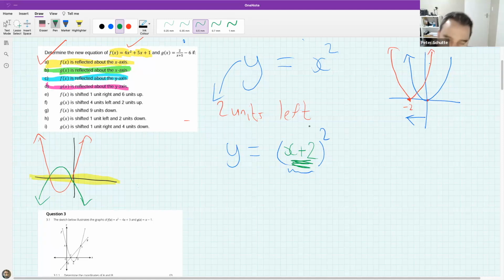And let me show you why it works like this. Think of it this way. If I said to you, find me the x-intercept of this new graph, this red graph that I've just drawn, you'd normally make y equals 0 and solve this equation.